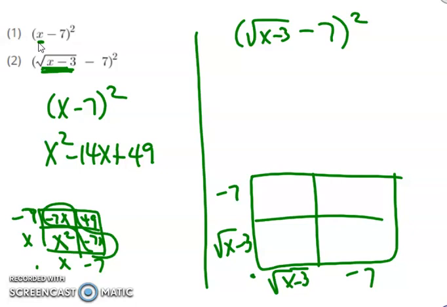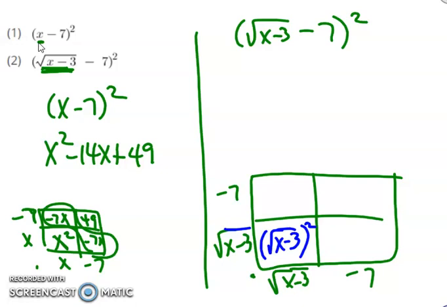In the upper left-hand corner, instead of x times x, we have the square root of x minus 3 times the square root of x minus 3, so we end up with the square root of x minus 3 squared. Again, something squared: the first problem is x, and the second problem is the square root of x minus 3.